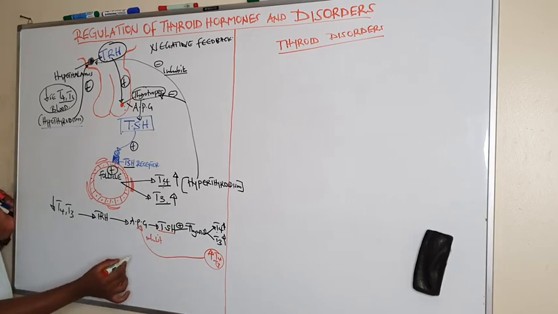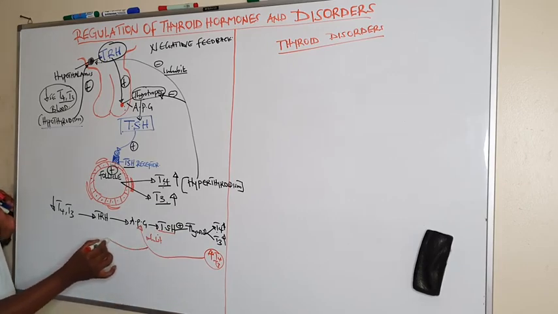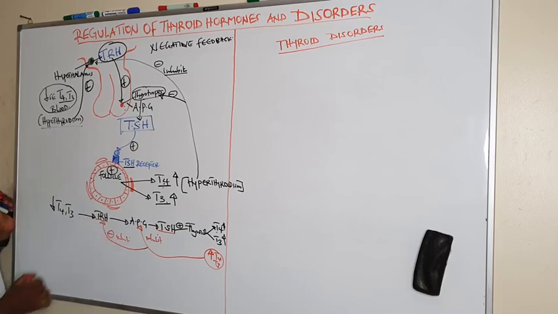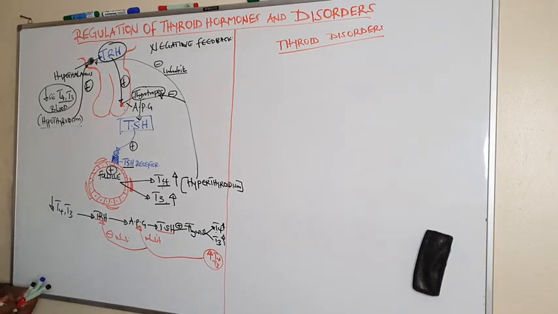As if that is not enough, they go ahead and also inhibit further production of TRH from the hypothalamus. That is what we can discuss about.